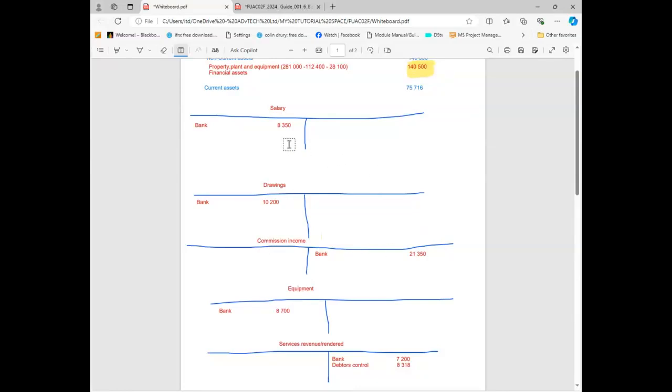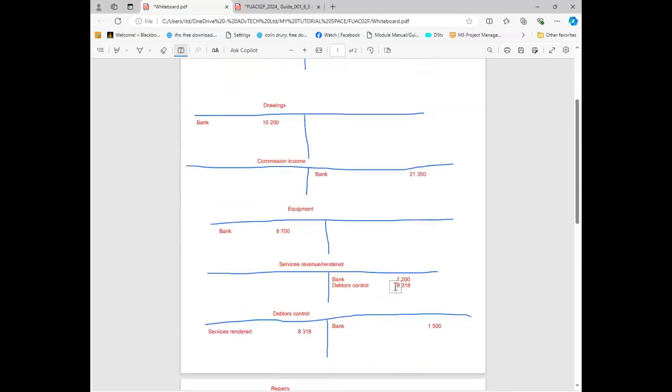So after you have done this, you just have to go and total them and balance them. The ones that are one-sided like that, don't worry, you don't have to do anything there, because they didn't ask us to open accounts. We are using this as a calculation. So we can just leave them like that. These two, we can just add them together.